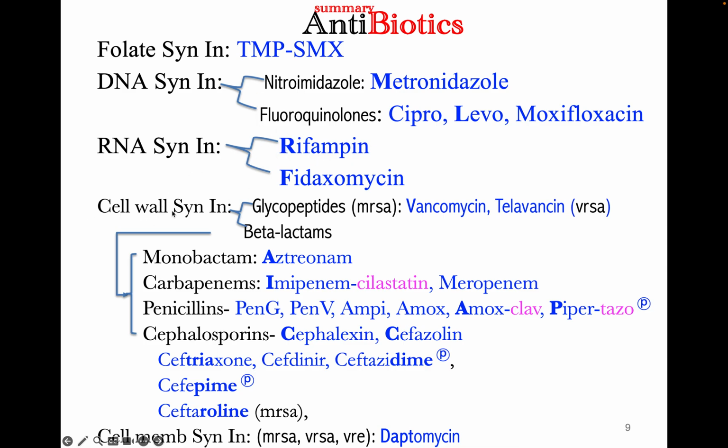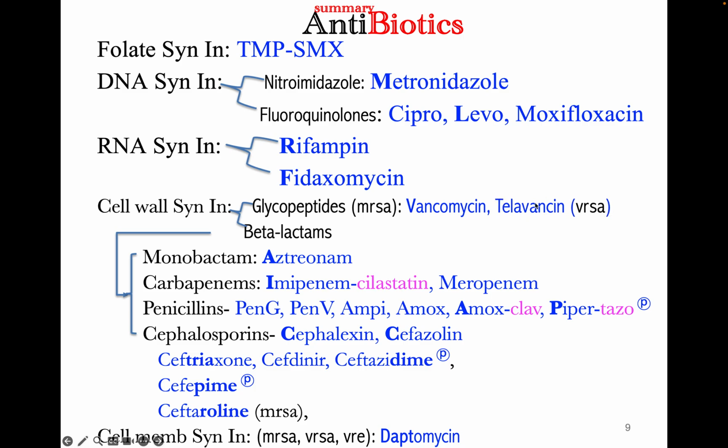Then let's look at cell wall synthesis inhibitors. We need to learn glycopeptides and beta-lactams. These are two divisions. In this division, first, glycopeptides cover MRSA, that is methicillin-resistant Staph aureus, and vancomycin-resistant Staph aureus.